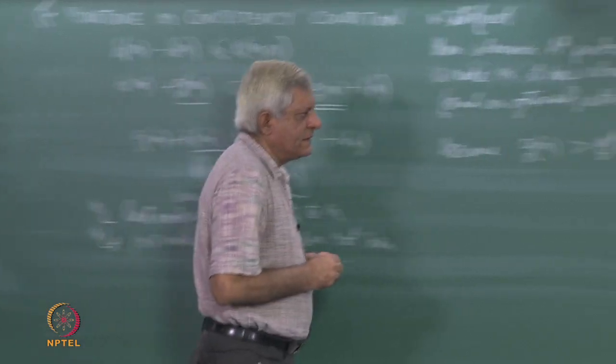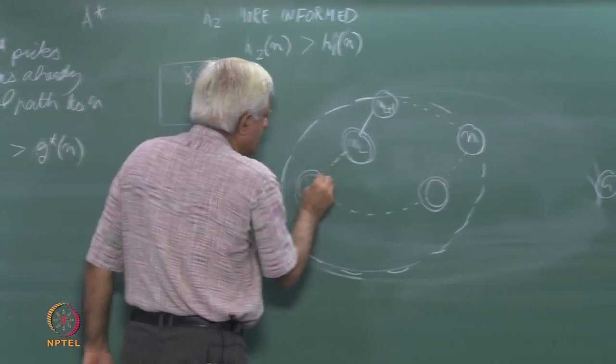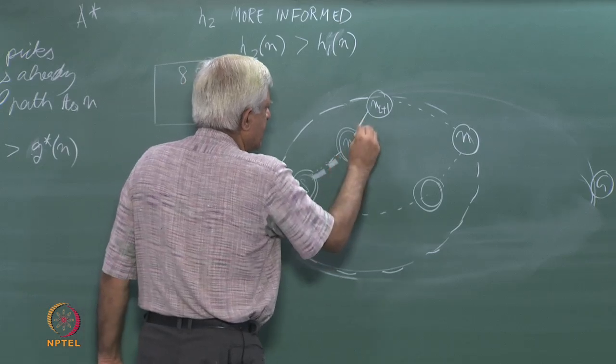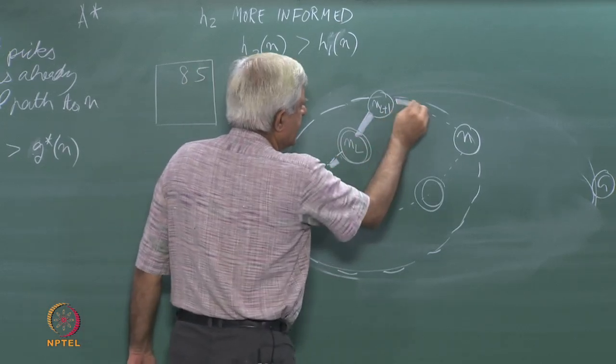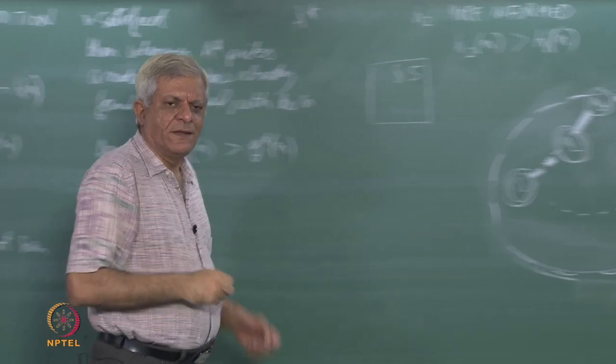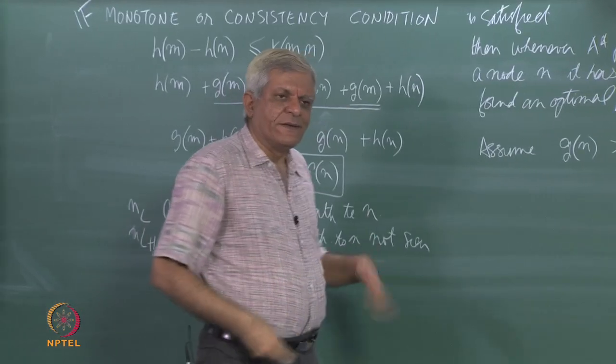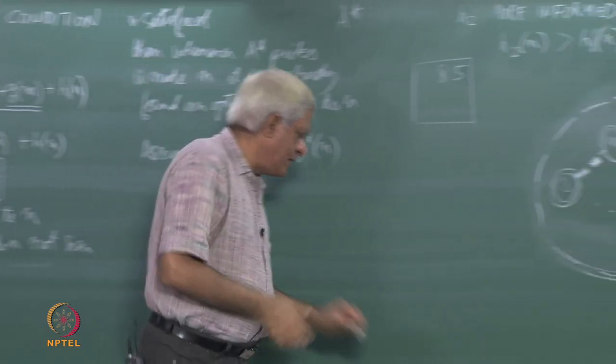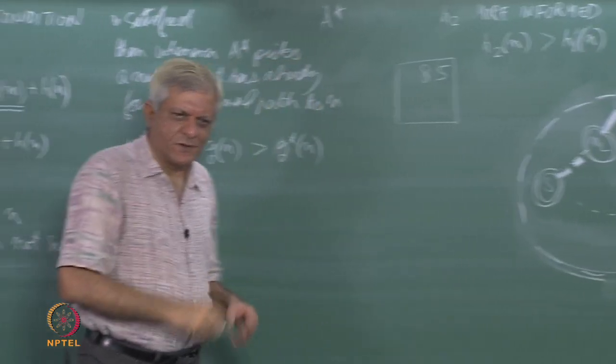So, I am saying that this is the optimal path. This of course is one edge, and then there would have been some more edges. That is the optimal path to n, and we are assuming that A star has found some other path to n which is not the optimal path.